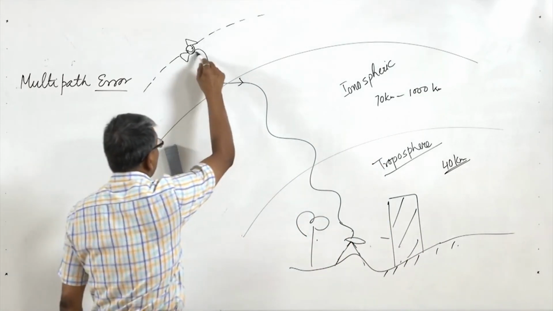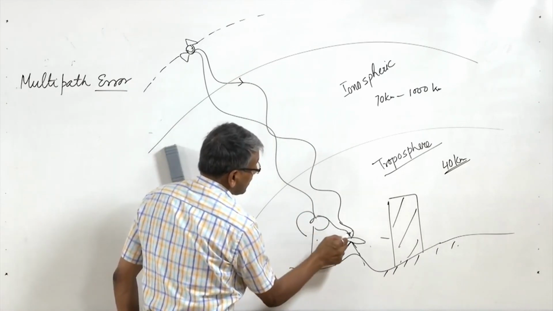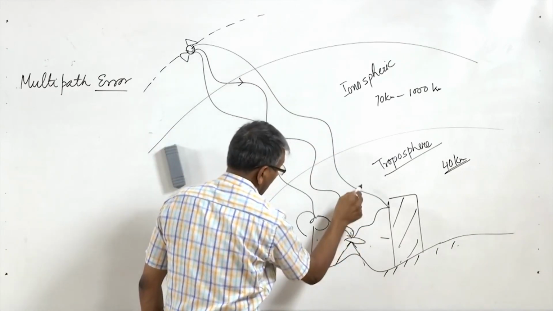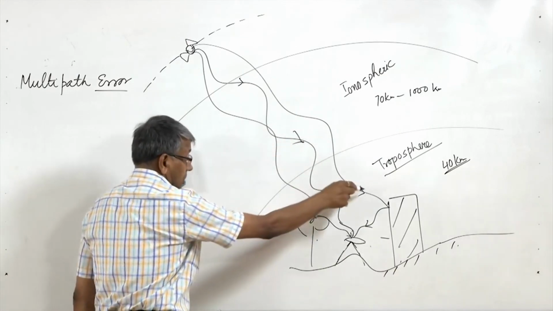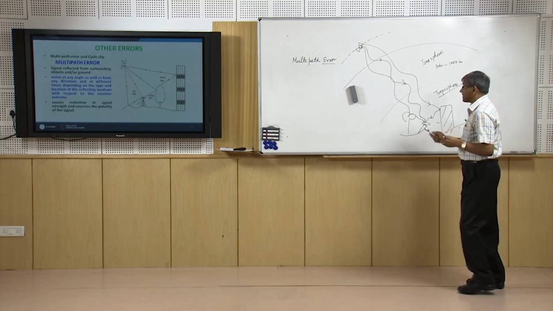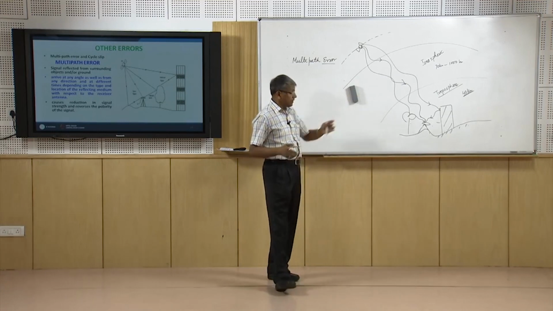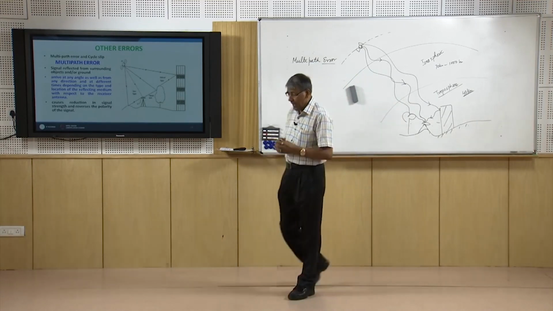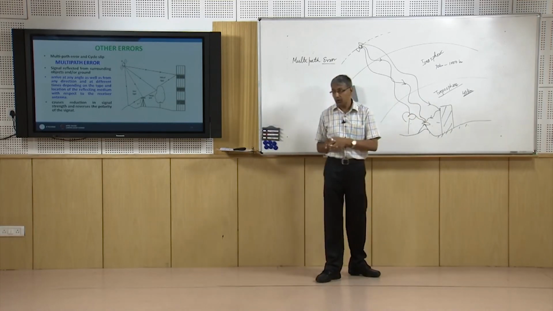The signal will first come to the tree and then be reflected, or the signal will come from the building and then reflect. So along with the direct signal, some reflected signal will also come to the antenna, and the error caused due to this reflected signal is called multipath error.